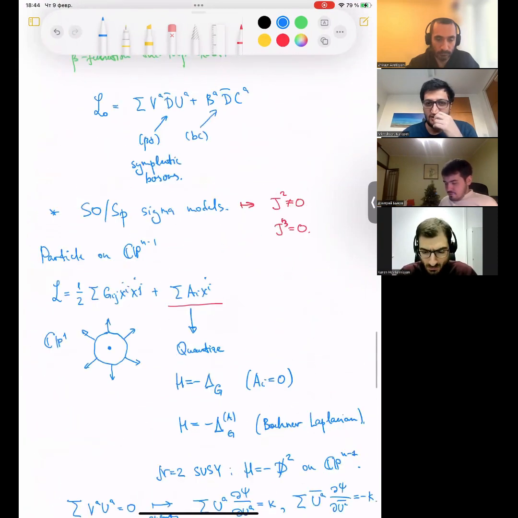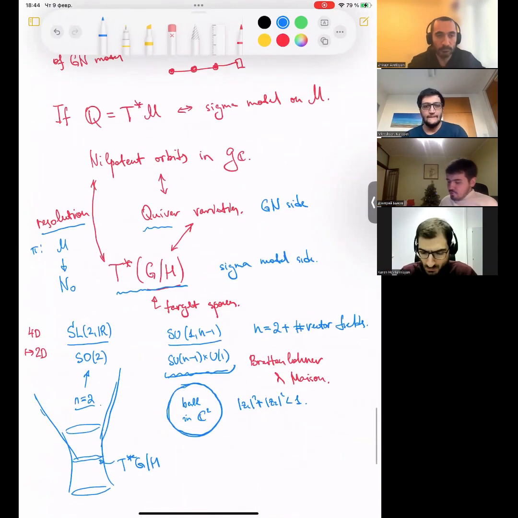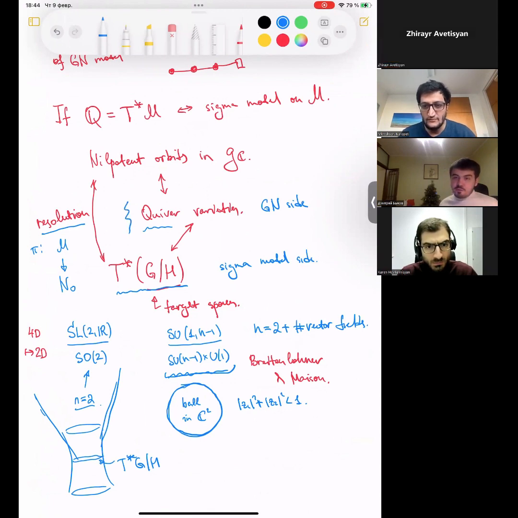So just the quantization of this. In general, for a nilpotent orbit, to get these representations you look at what quiver it corresponds to, and then quantize this quantum mechanics on that quiver, and it gives you these oscillator representations automatically. Well, you probably have constructed that.